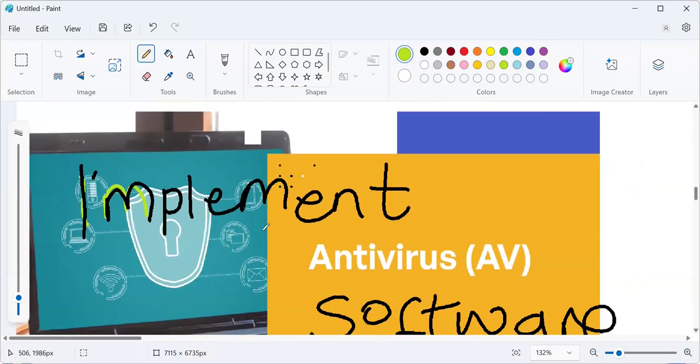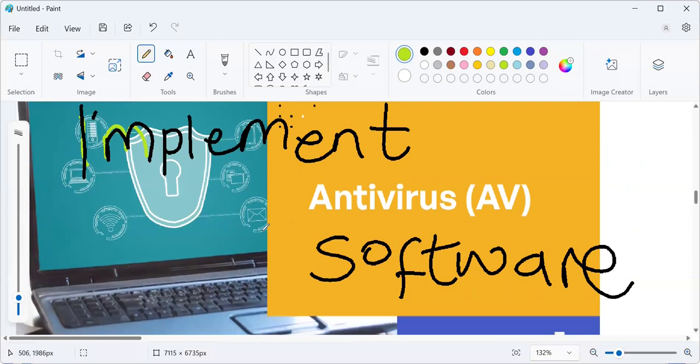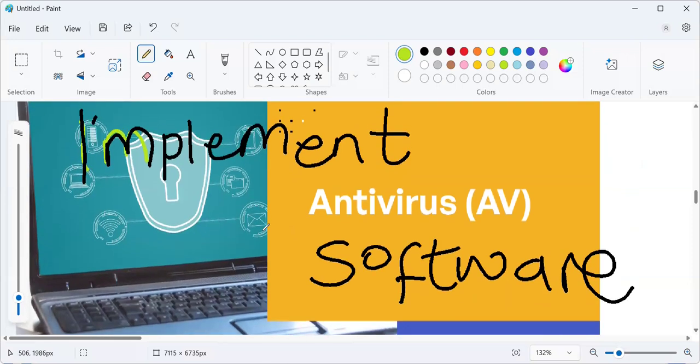Then next we'll talk about implementing antivirus software. What's antivirus software? Antivirus software is readily available at low cost and effectively protects endpoints from computer viruses, malware, spam, and even ransomware threats. Each endpoint in the organization should be equipped with antivirus software that is configured to update automatically, providing continuous protection against any emerging threat.